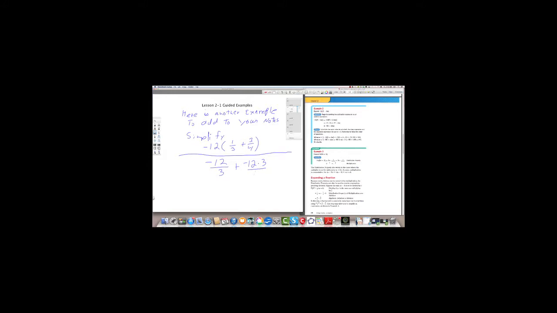The reason I did this right here in this case is because I wanted to be able to simplify this. Well, I know 3 goes into a negative 12, that goes in a negative 4 times. Here I can factor 4 into negative 12. 4 goes into a negative 12, a negative 3 times 3.